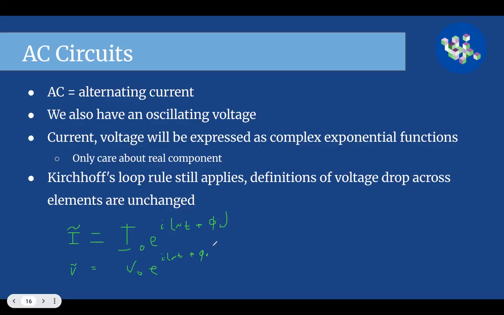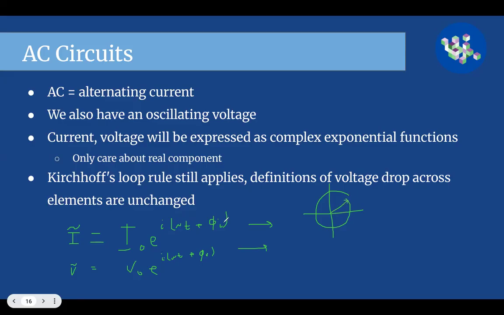Why do we care about the phase angle? Well, because once I have these two complex exponentials, you can think of them like I have a circle, and for the current case, we'll have radius I0.